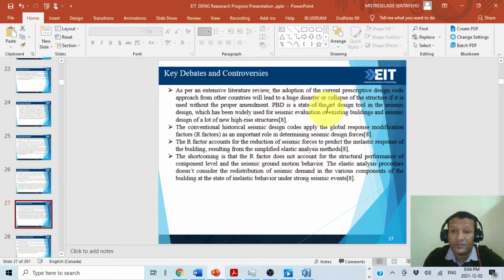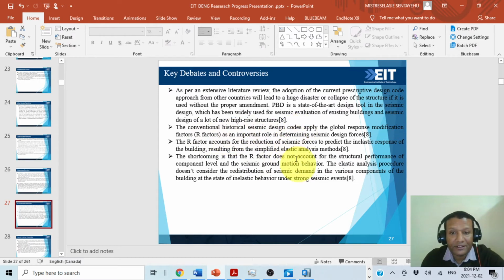PBD is the state-of-the-art design tool in seismic design, which has been widely used for seismic evaluation of existing buildings and seismic design of a lot of new high-rise structures. The conventional historical seismic design code applies the global response modification. This is the R factor, everybody knows that.